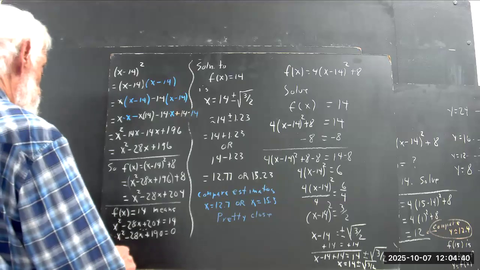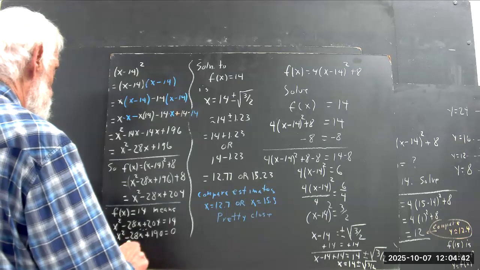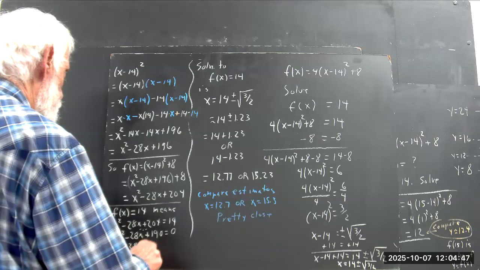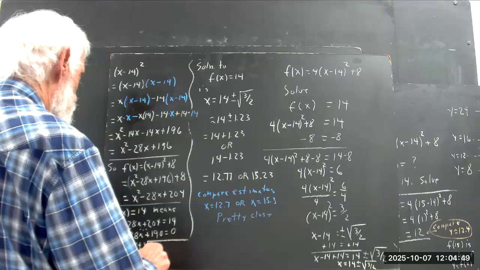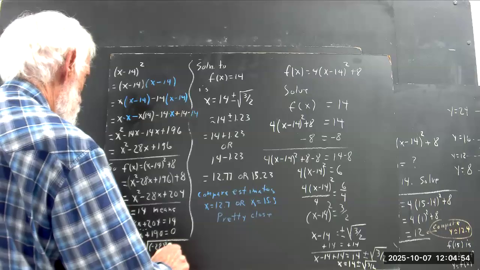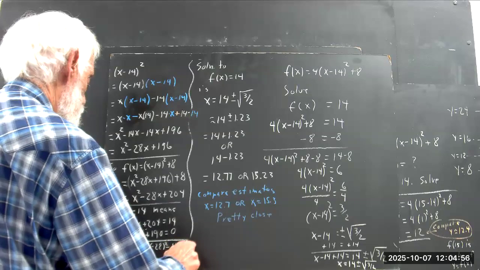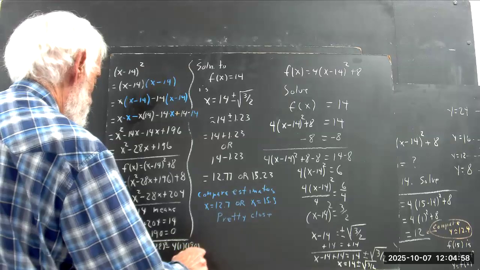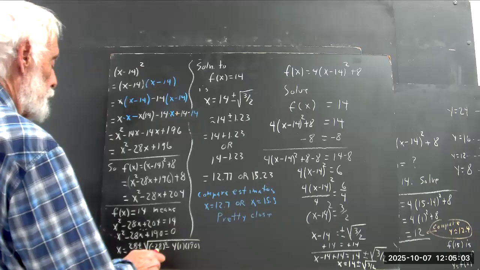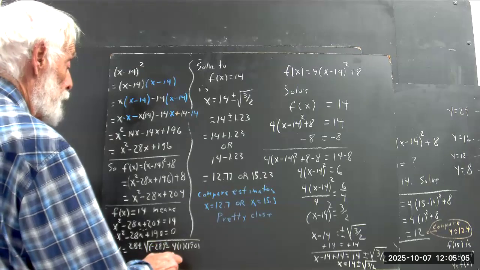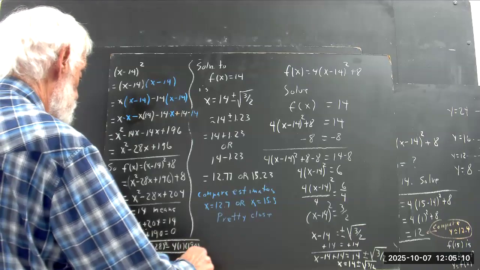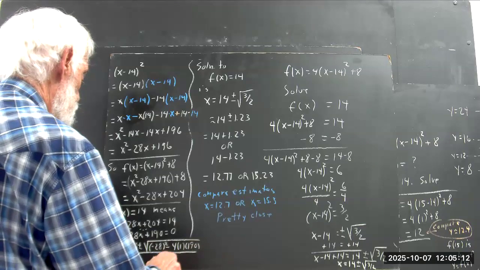So that x equals 28 plus or minus the square root of the quantity negative 28 squared minus 4 times 1 times 190, all divided by 2 times 1.